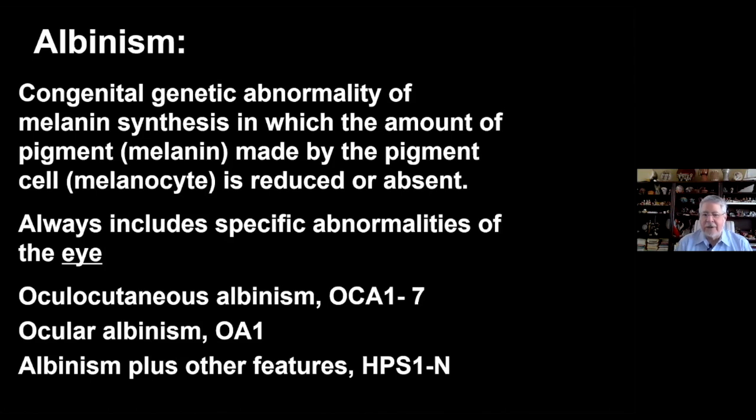There's also what we call ocular albinism, which always refers to a gene on the X chromosome, responsible for ocular albinism 1, or OA1. There are other genetic conditions that feature albinism plus other health issues, for example the Hermansky-Pudlak syndrome genes, of which there are several.